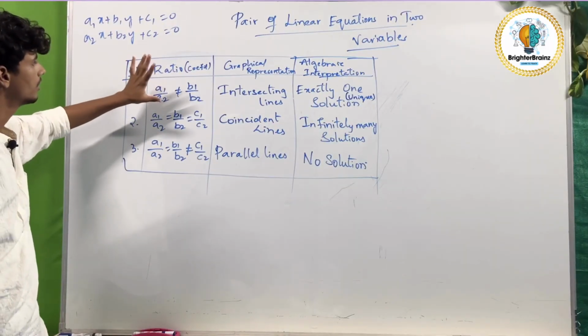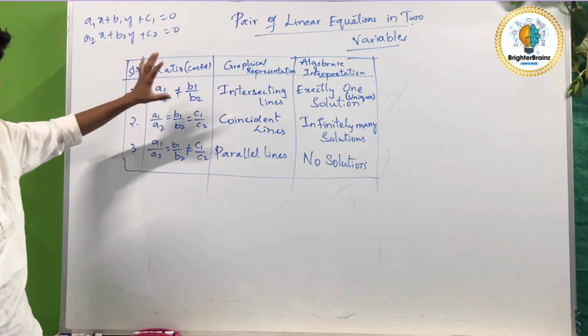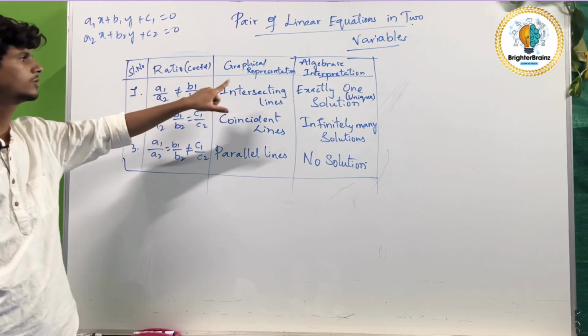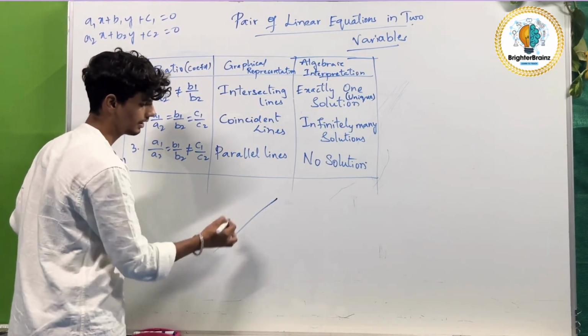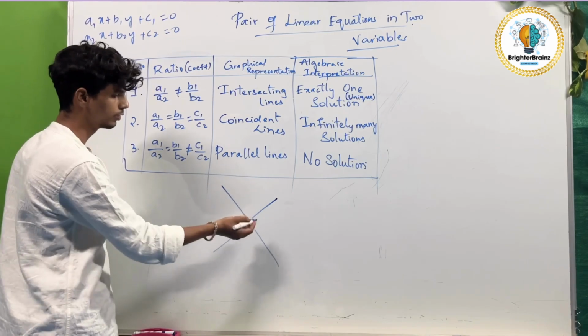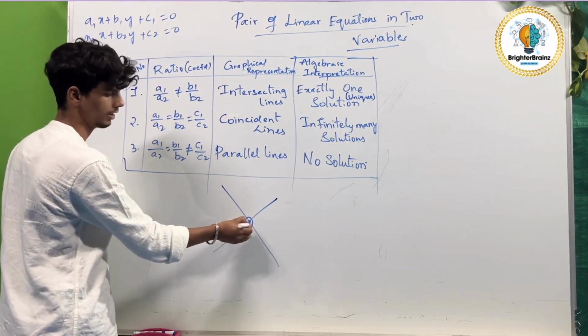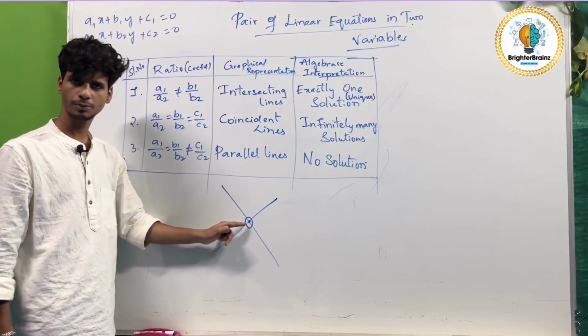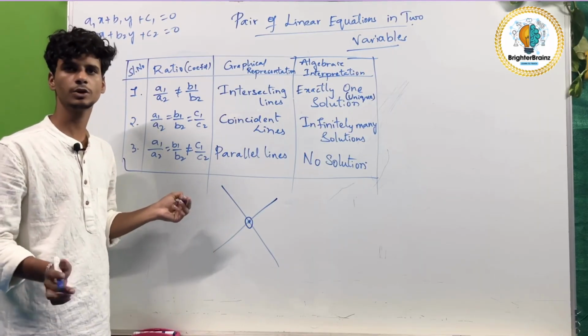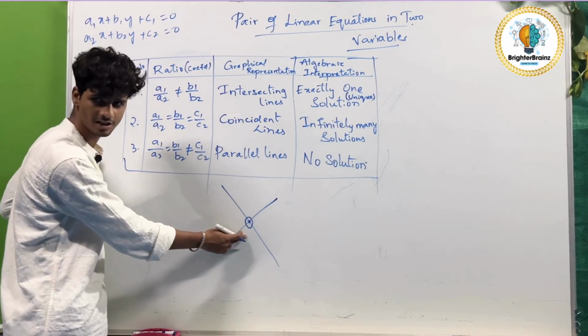If the ratios of both the coefficients are not equal, those will be intersecting lines. Intersecting lines are nothing but like this. In this way two lines will be intersecting at a single point. So if there is an intersection point, there will be no multiple intersection points, there will be only one intersection point.